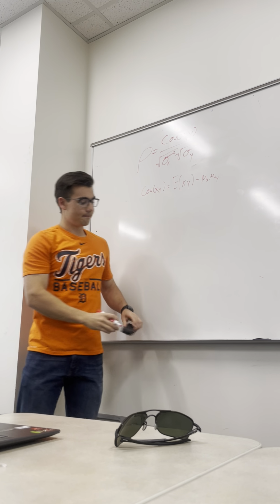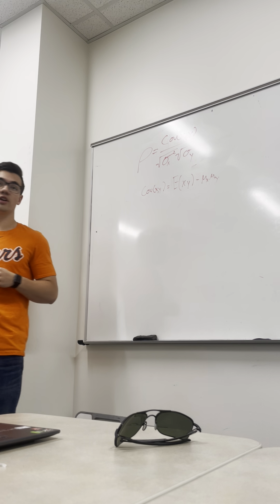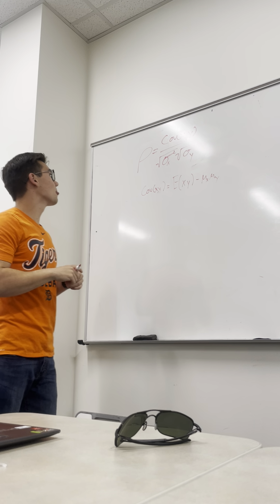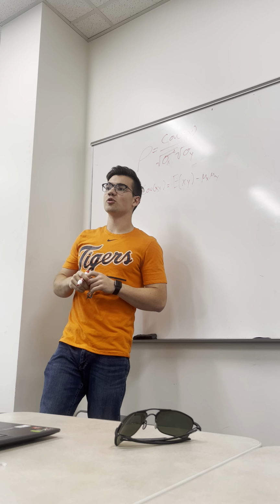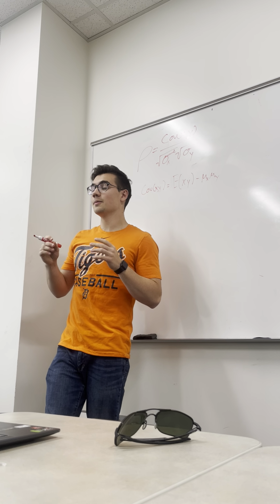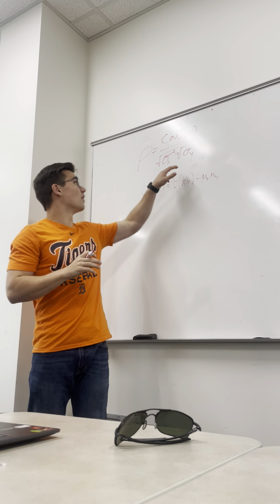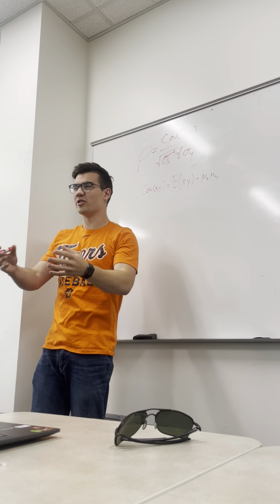Quick question: is rho the same or different from the correlation coefficient? Those are one and the same. Rho is the correlation coefficient. Rho will always be between -1 and 1. Dr. Price was mentioning in class today that we're dividing by these standard deviations in order to take out the units.